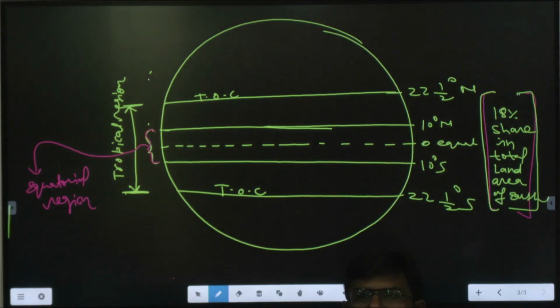Now again, the third point is of one specific type of location, and these locations are very, very important in terms of biodiversity, and are known as biodiversity hotspots, right? Very often we are not in a condition to make a difference between these two concepts.